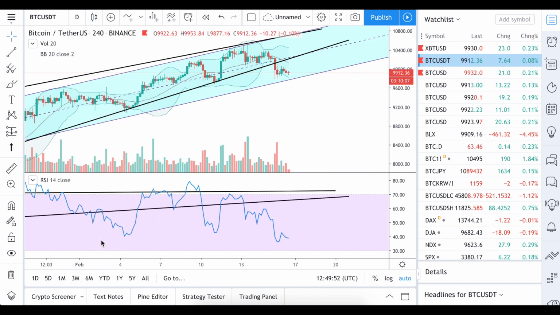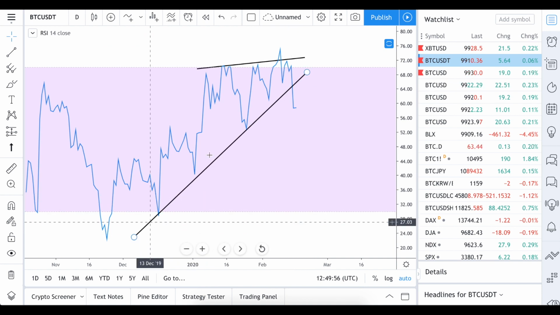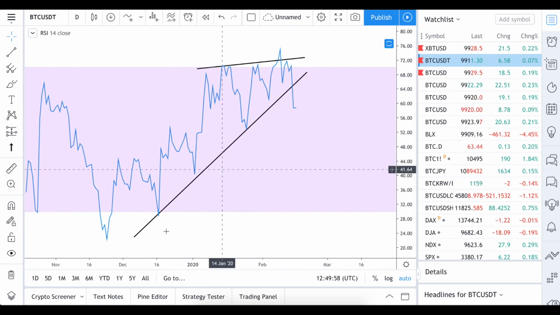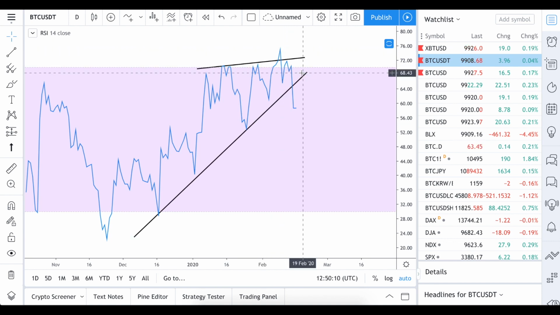I must point out the behavior of RSI, because RSI had this massive support line through the whole rise, and also this resistance line here. We actually broke above this resistance line, but it appeared to be a fake out, and we returned back to this ascending wedge. They used to be broken to the downside statistically, and then yeah, we broke it lower.